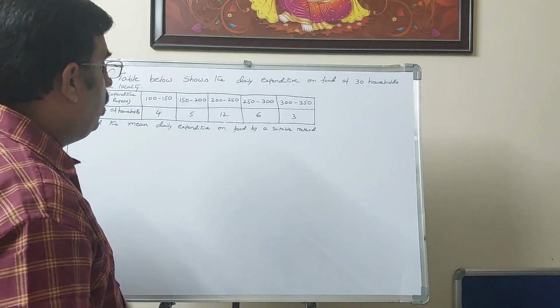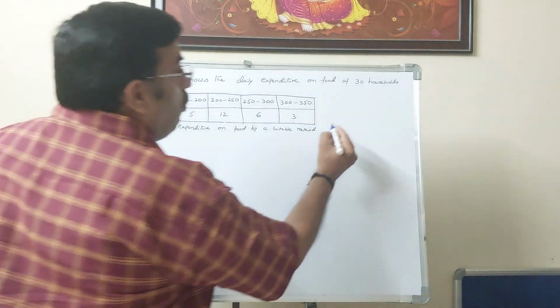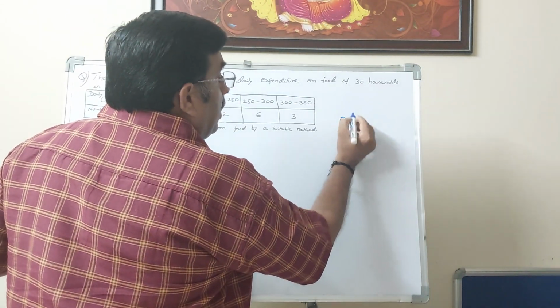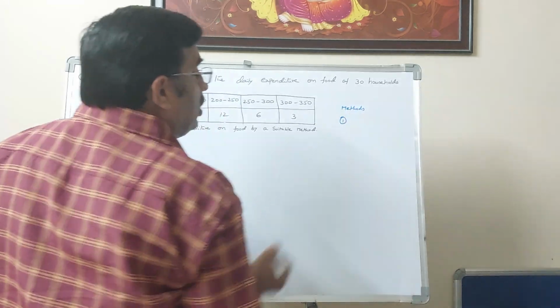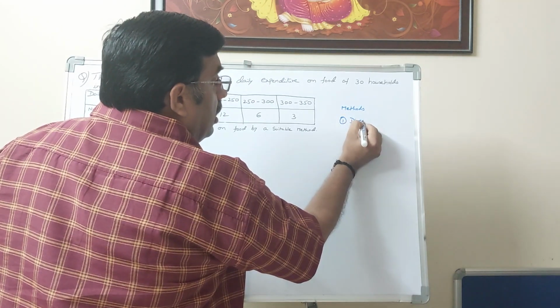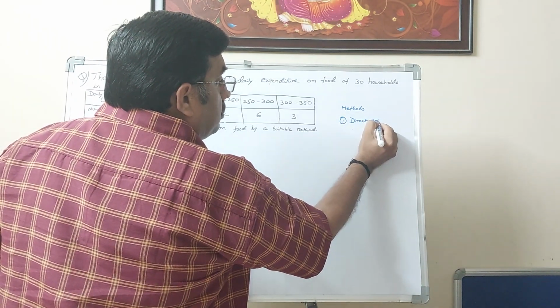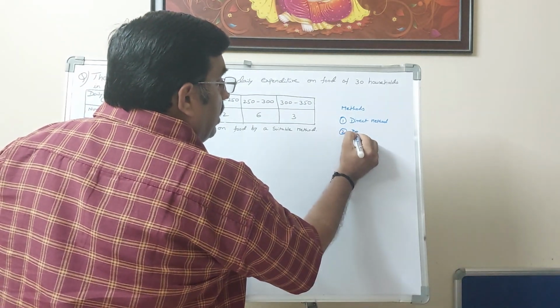See, actually, for the mean, we have three methods. There are three methods in our statistics for calculation of mean. One is the direct method. Second is the deviation method.